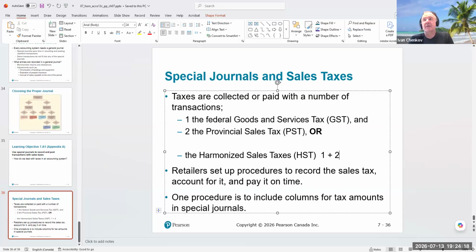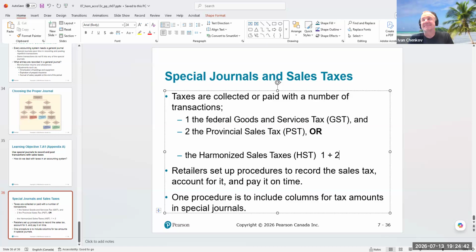And people suddenly started going to restaurants. Why? Because before 2010, when there was GST and PST, when you went to a restaurant you were charged 5% for the goods and service taxes. After 2010, you were charged 12% for the same food.